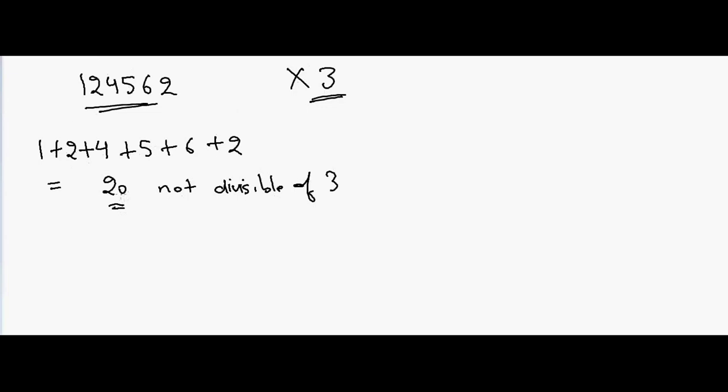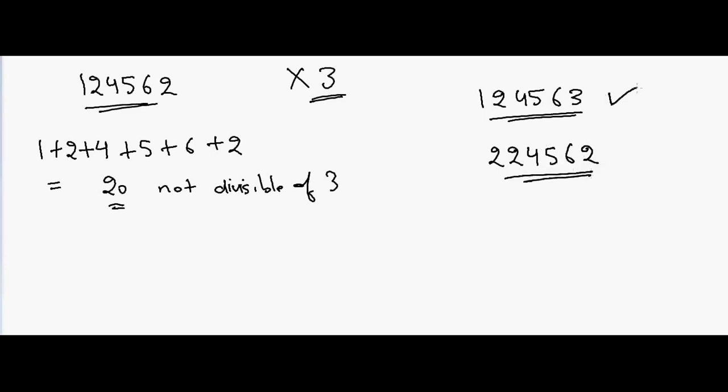So what should the number be if it has to be divided by 3? Instead of 2, if you make it 3, so 1 2 4 5 6, and we write 3 in the end, then this sum will become 21, so that number should be divisible by 3. Or we can increase any other number, we can say 2 2 4 5 6 2, that should also be divisible by 3.